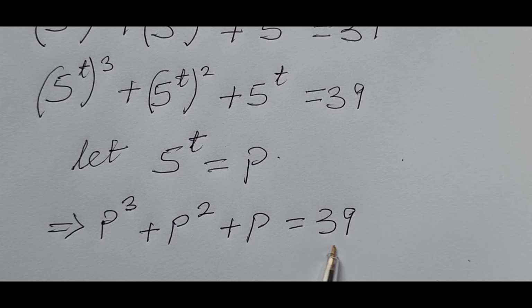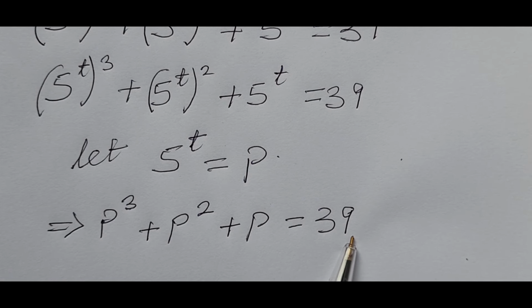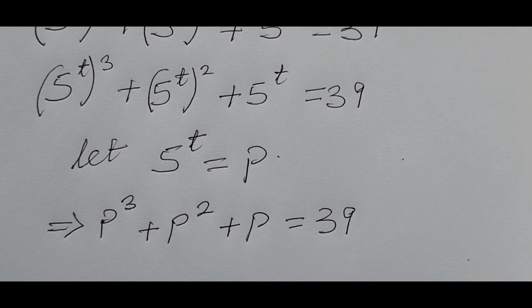So we look at this number here, 39. Can we express 39 in this format? Yes, we can bring in 3 here. We can rewrite 39 as 3 to the power of 3 plus 3 to the power of 2 plus 3 to the power of 1.